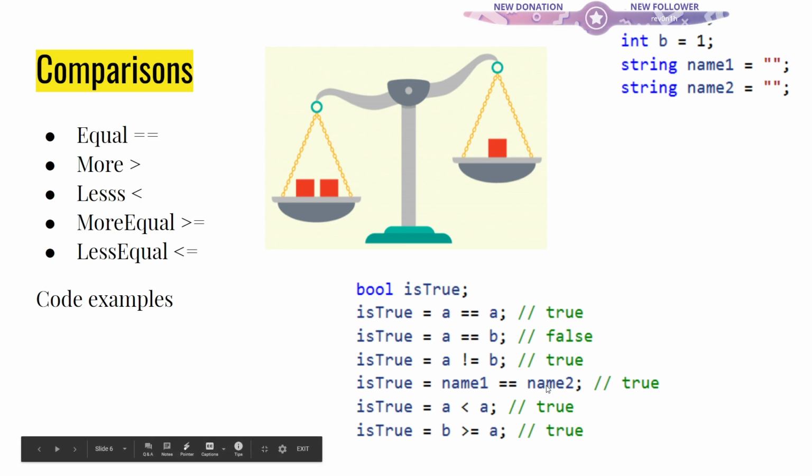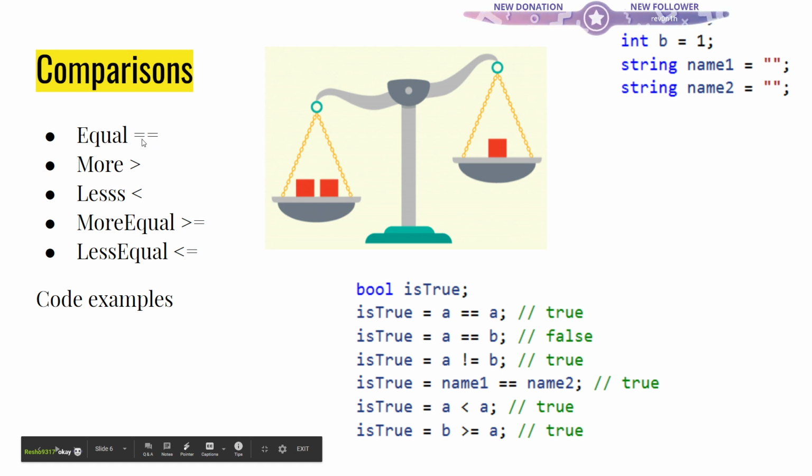Name 1 equals name 2, that's true. And this one is false. If it was B, I meant to put B there, so A is less than B, that is true. And B is more or equal than A, that's true.